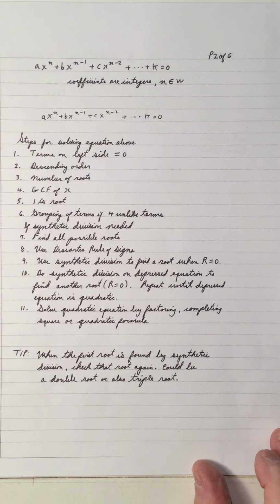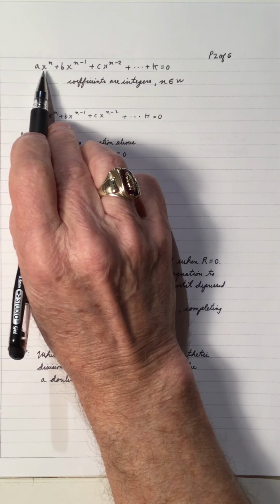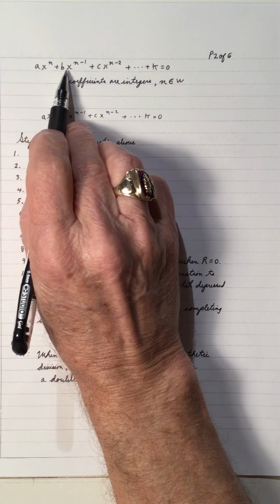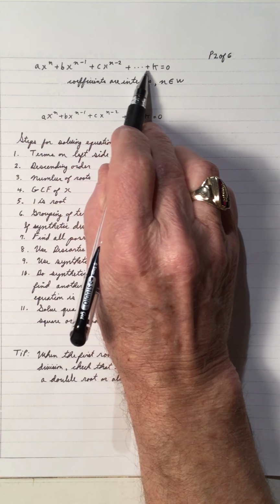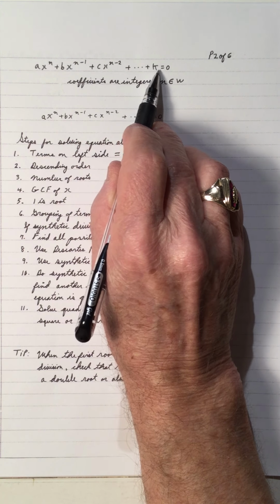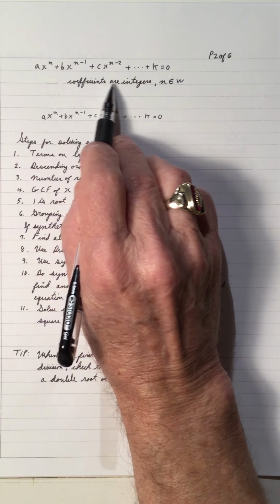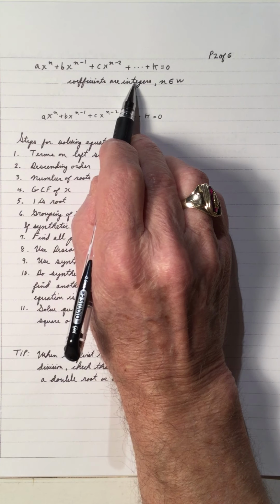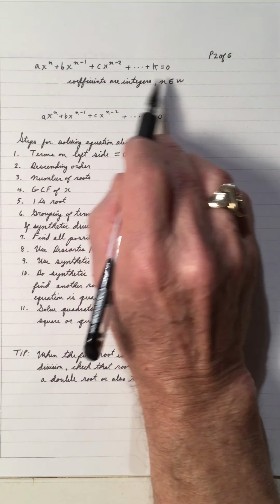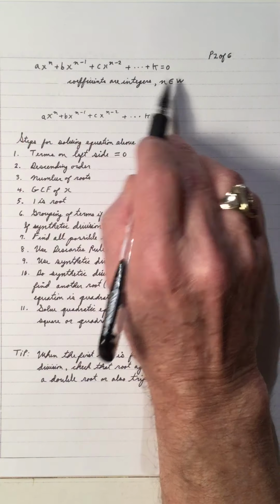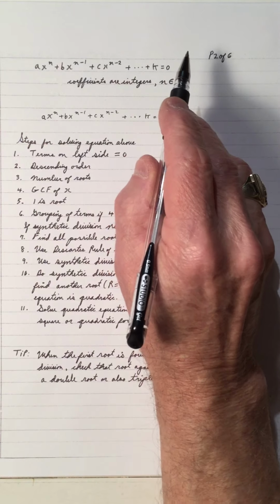And as in the previous videos, we were dealing with the equation ax^n + bx^(n-1) + cx^(n-2) + etc. down to a constant k equals 0. The coefficients are integers, and the power n belongs to the whole numbers, so it goes in descending power.